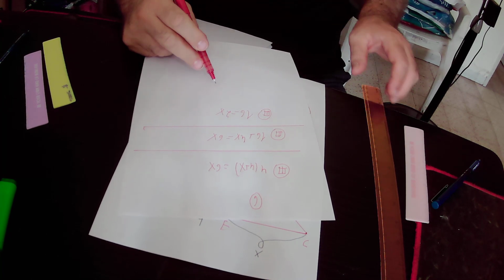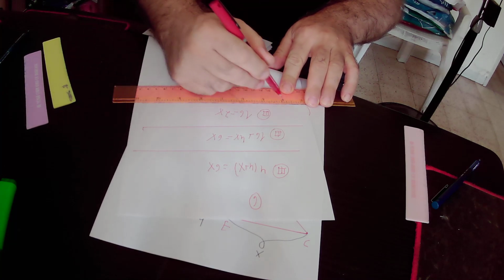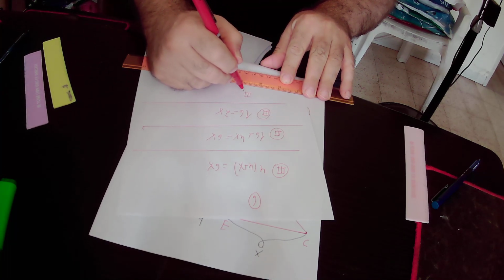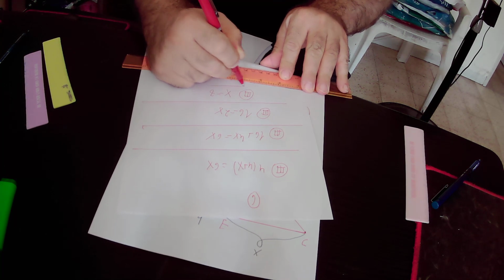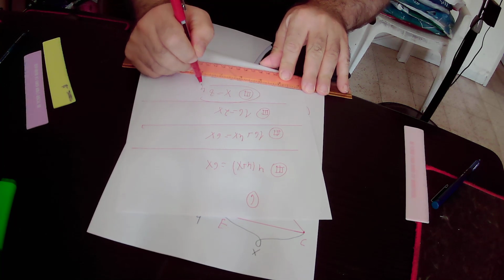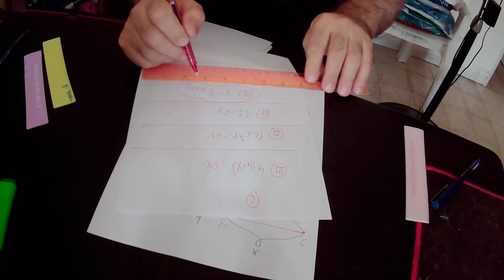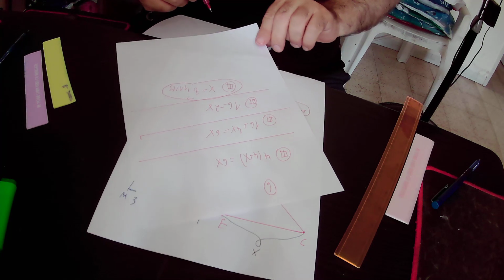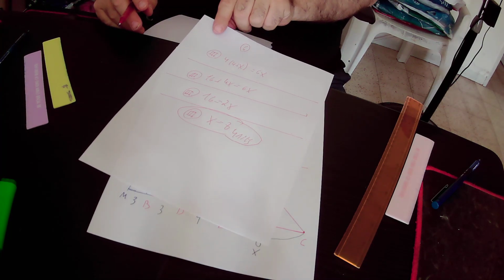We will divide this equality by 2, and we will get that X equals 8 units. Exactly what we have already found out in method number 1.